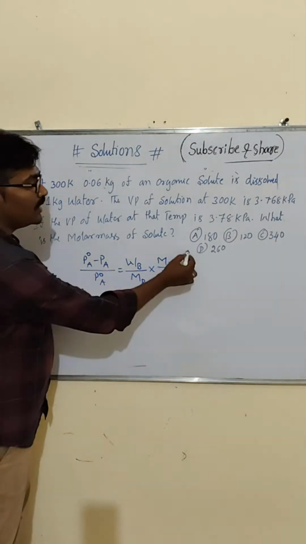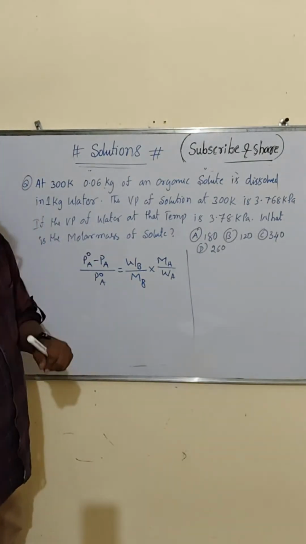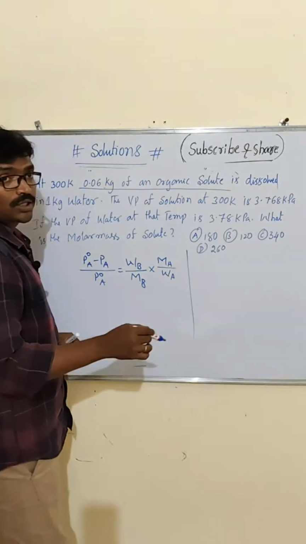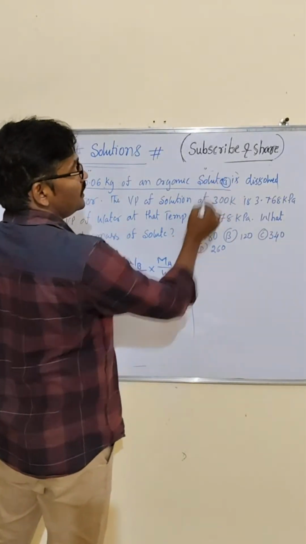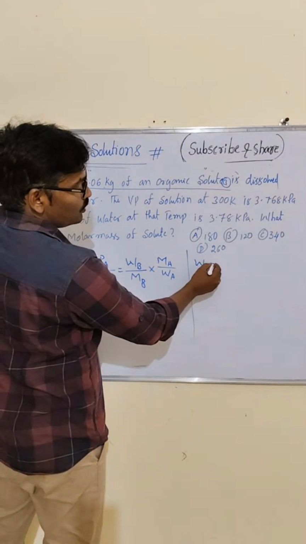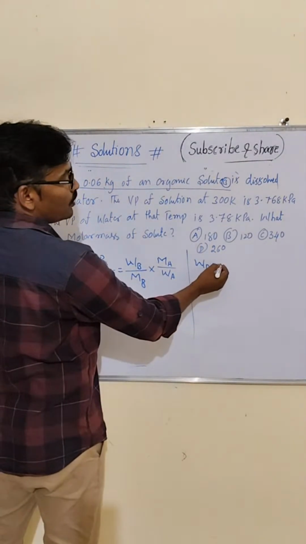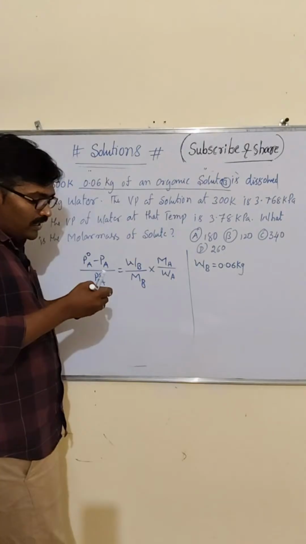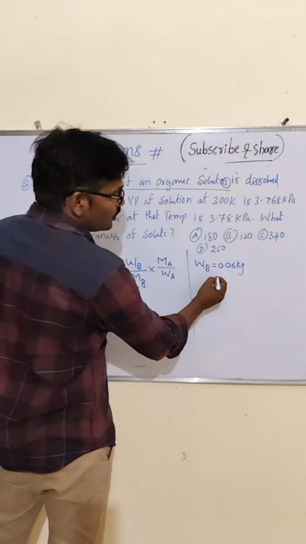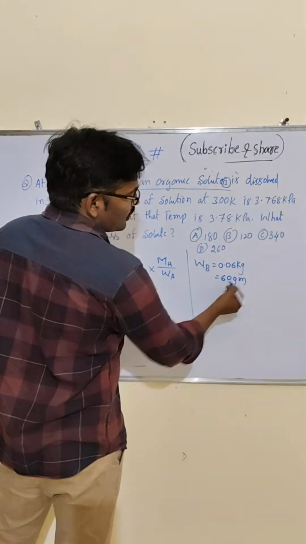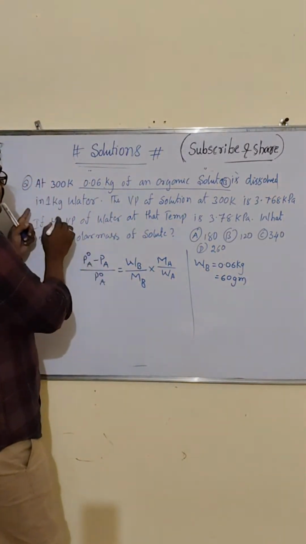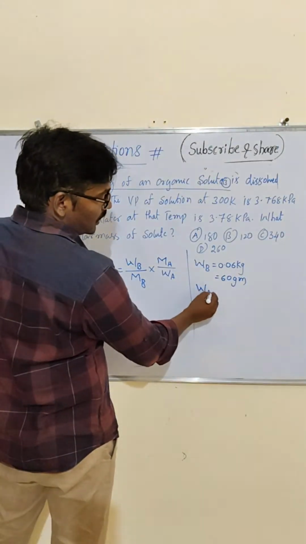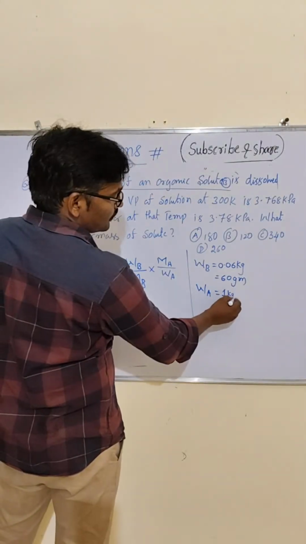Now, what is in the given data? 0.06 kg of organic solute, nothing but B, so you take it as WB, weight of solute. 0.06 kg, when converted into grams, you get 60 grams. Then 1 kg of water solvent is mentioned, that is WA. 1 kg is nothing but 1000 grams.